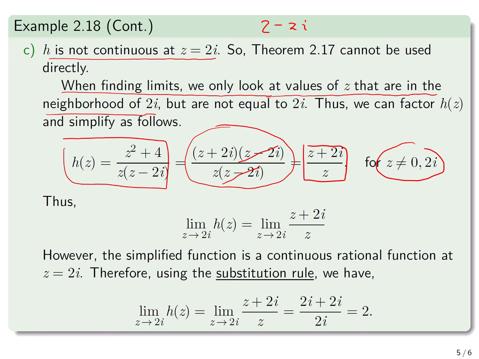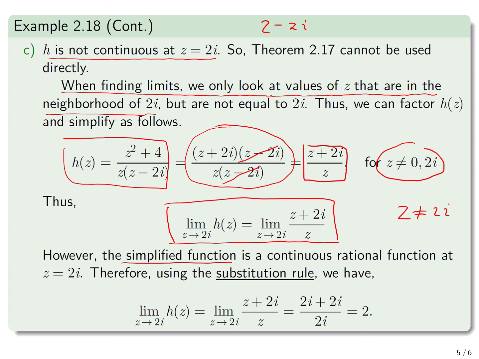Now you can see that the simplified function is actually continuous at 2i. Since we are considering only values which are not equal to 2i, these two limits are equal.